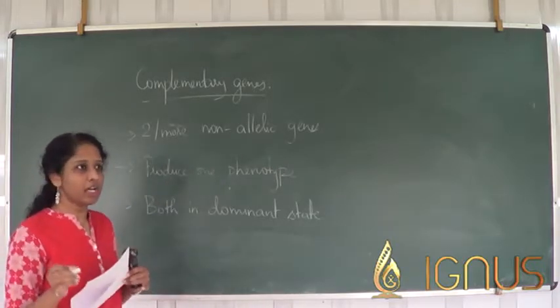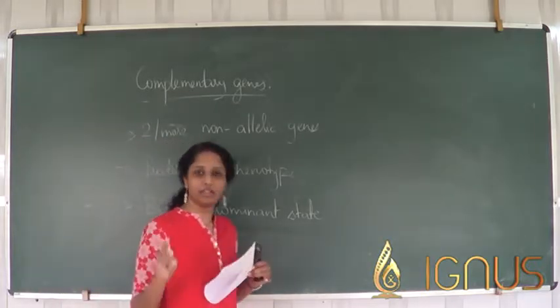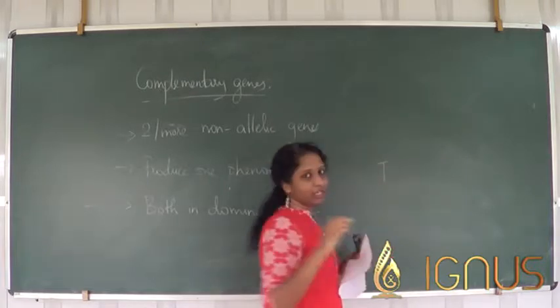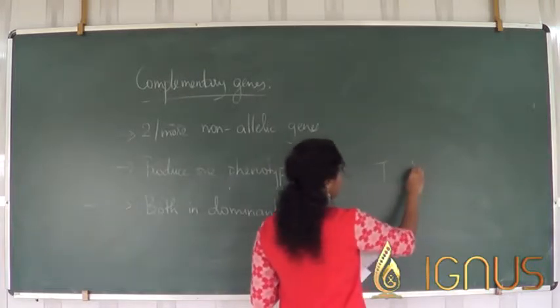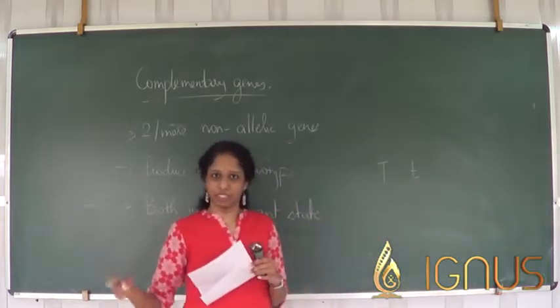Okay, so it is not the same allelic genes, meaning that if you take the alleles for tallness, for example, you have the allele capital T and the allele small t. Now these two alleles belong to the same gene.